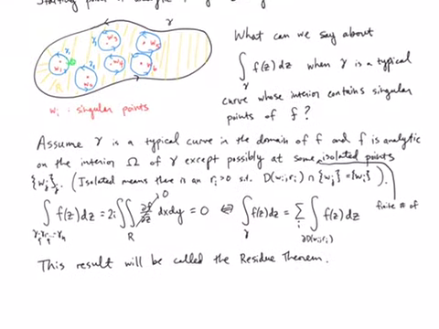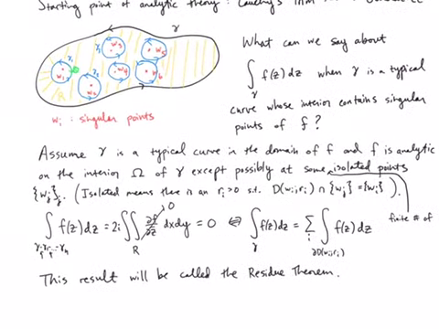Okay, and so the basic takeaway is that if you have a finite number of these singular points for your function, where your function might not be defined, you can turn a line integral around gamma into a bunch of smaller integrals around circles that just enclose those points and only those points.